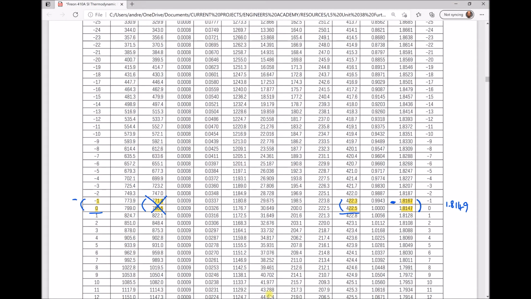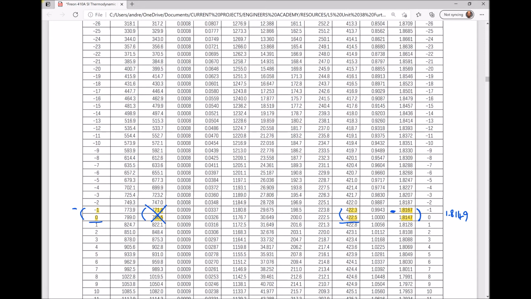So picking up where we left off, we were working with the saturated vapour tables, and we said the pressures at 0 and -1 degrees were 756.5 and 771.4 kilopascals. But our pressure is much higher than that. Our pressure, in fact, is 2,800 kilopascals.